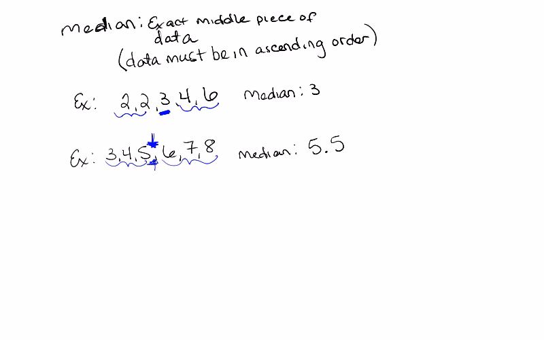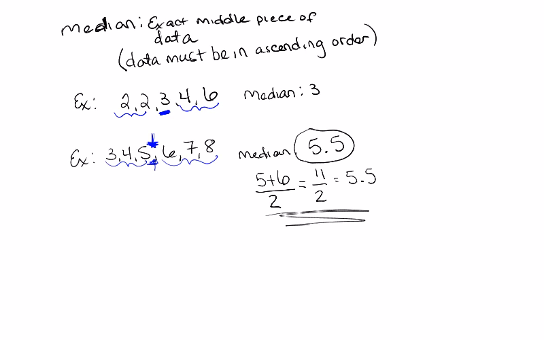So if you ever get into a pickle and you're struggling to find that exact halfway point and you don't want to hunt and peck all day, you can always add up those 2 middle data values and divide by 2. Check it out. 5 plus 6 is 11, and when we divide that by 2, we get our 5.5. Okay? If it's obvious, if you can pinpoint halfway, then just do it. But if it's not as obvious, you have a strategy now for identifying halfway.